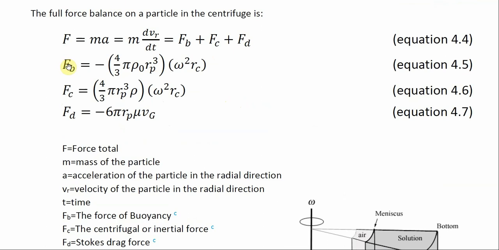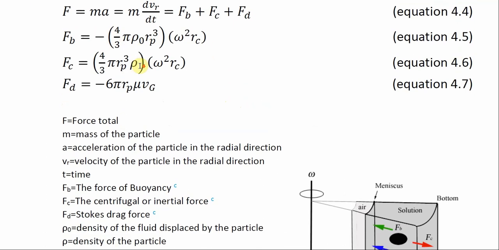So the force of buoyancy equals negative, negative being the direction of that force, indicating towards the axis of rotation. And that equals 4 divided by 3 pi rho naught, and rho naught in this case is the density of the fluid displaced by the particle. So again, buoyancy, times the radius of the particle cubed.